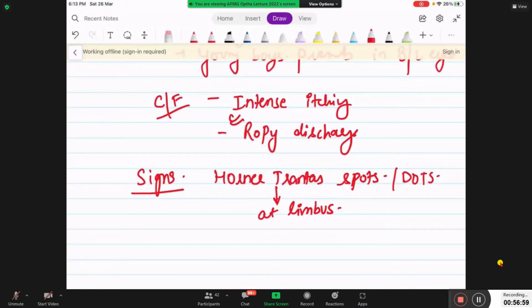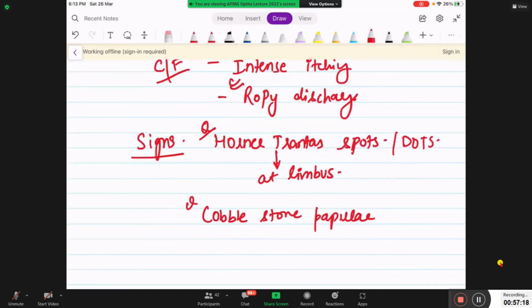Next important sign is cobblestone papillae. Cobblestone papillae are very, very important, and Horner-Trantas spots are very important. These are present at the palpebral conjunctiva. They are very raised, big size papillae, which are seen if you invert the upper eyelid.